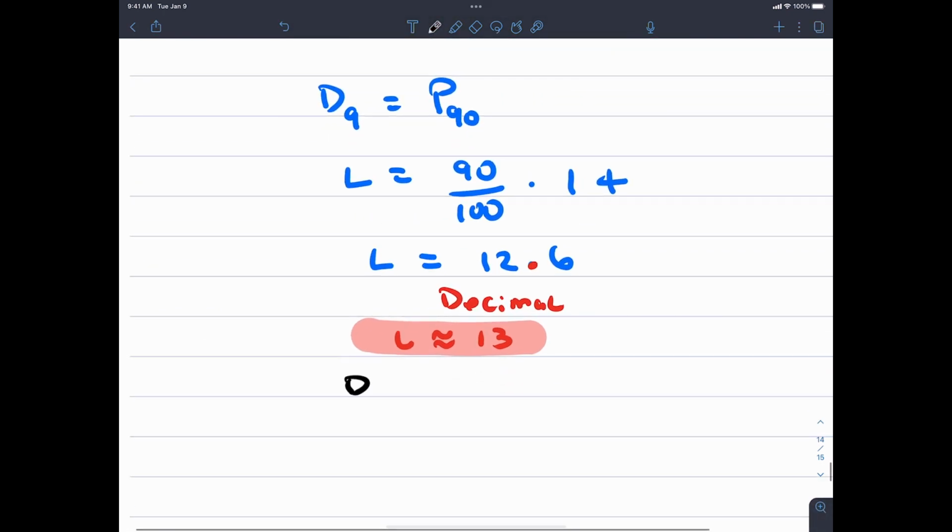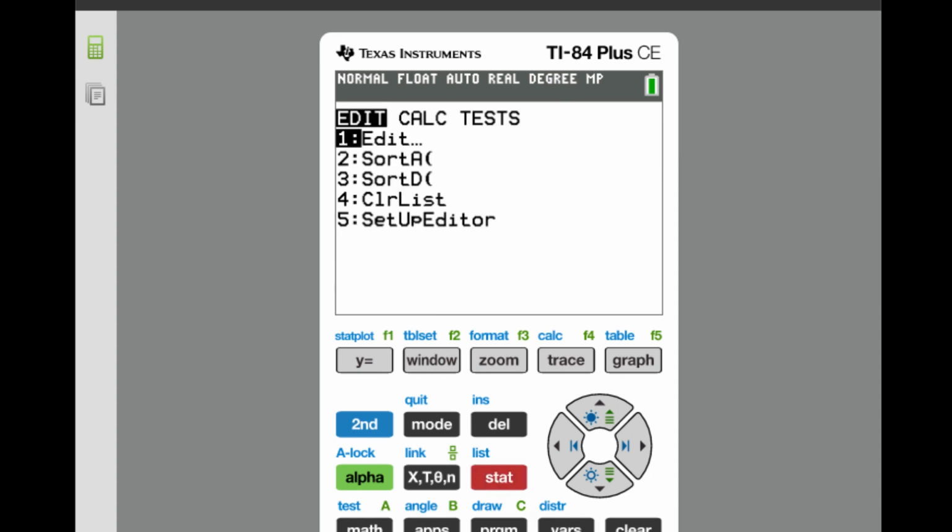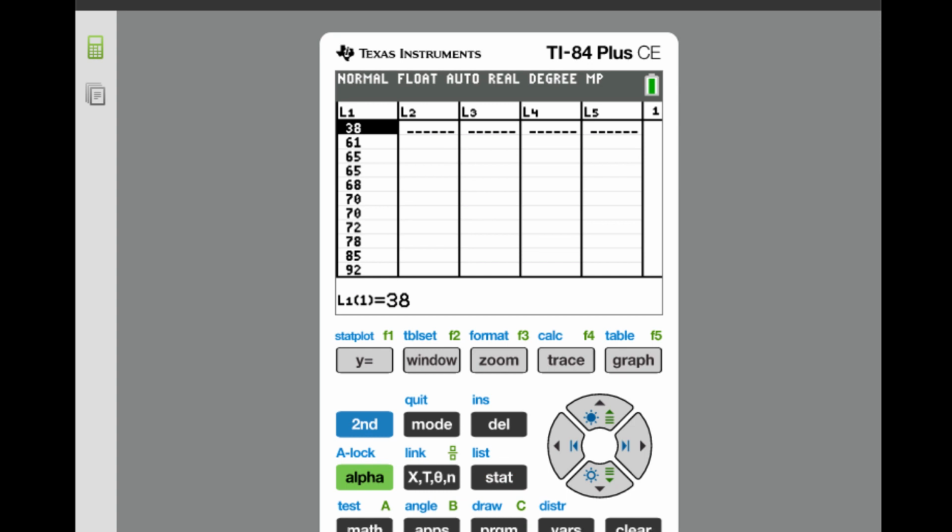So D9 is the 13th data value in the sorted list. How do we get to that list? Stat, edit. We got to go down to 13. Okay, what is number 13? Is that 98?